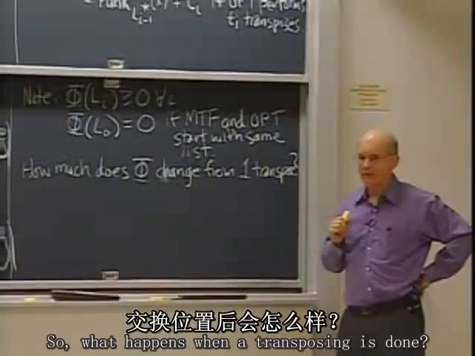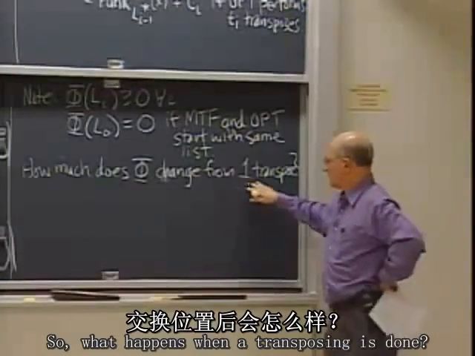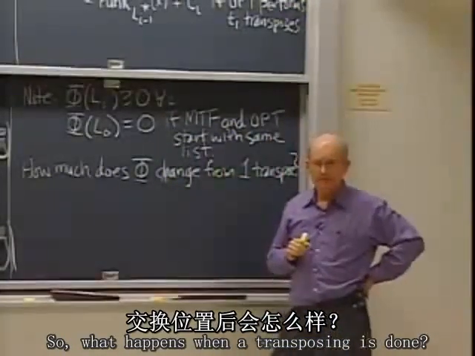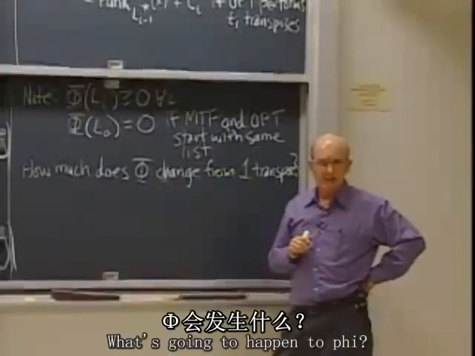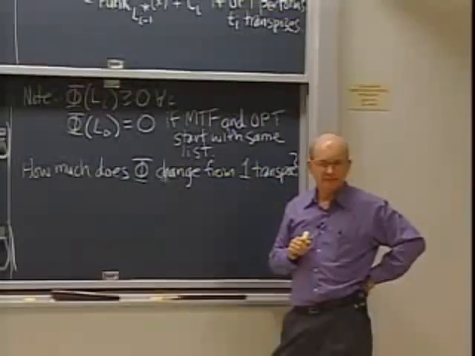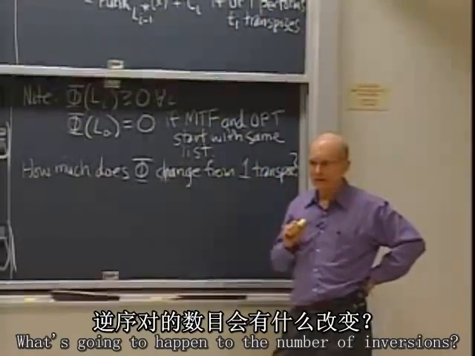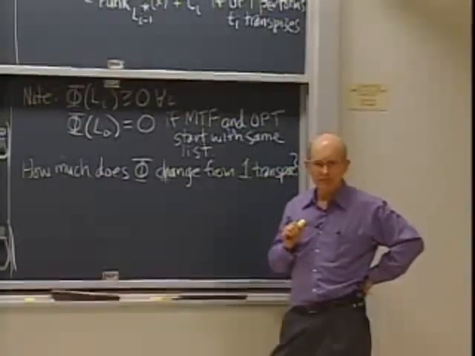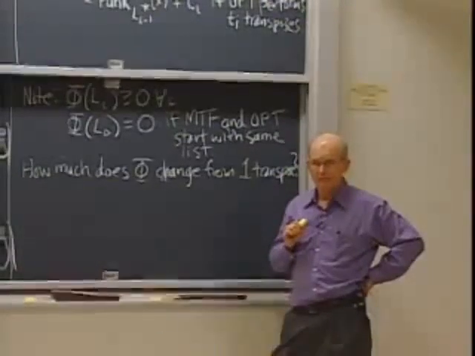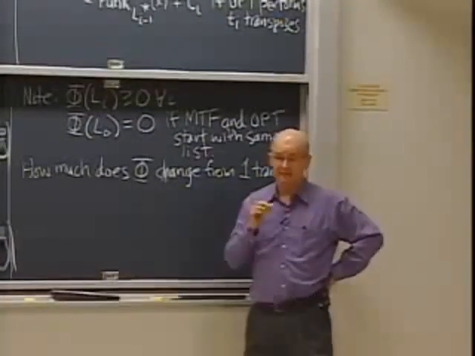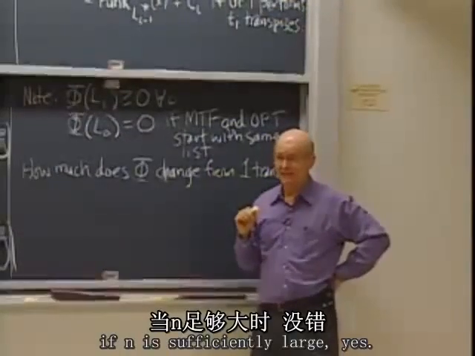What's going to happen to phi? What's going to happen to the number of inversions? Less than n minus 1? So if I change, it is less than n minus 1, yes. If n is sufficiently large, yes.